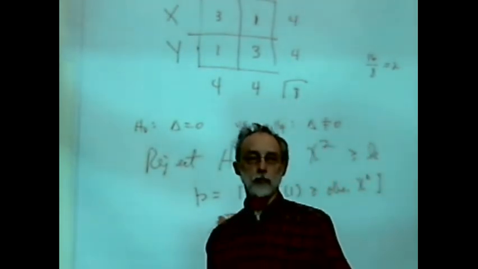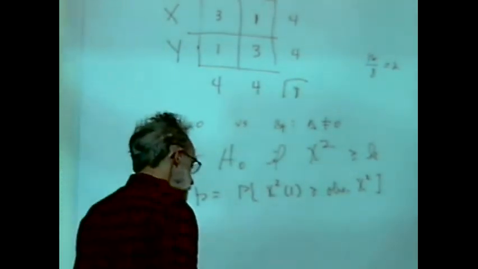So what if it's one-sided? If it's one-sided, you've got to make sure you're on the right side, and then you just cut the p-value by 2. You have to be careful. You can get it from the sign of m naught plus.